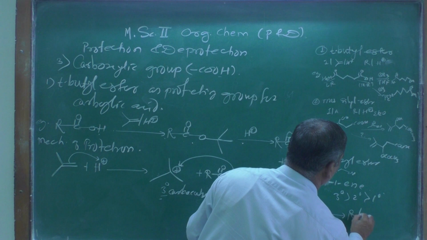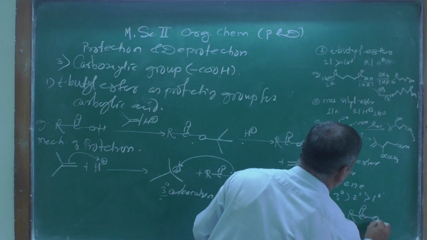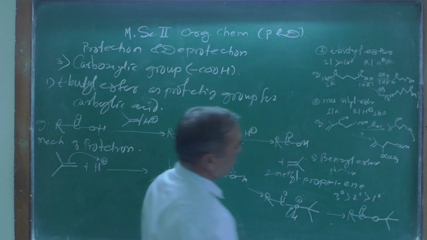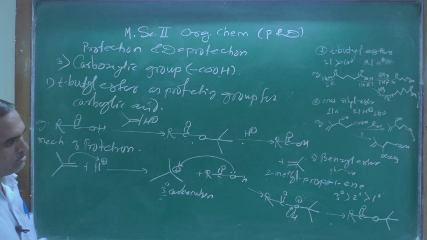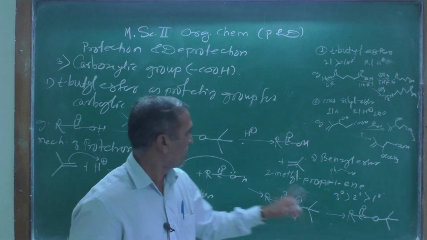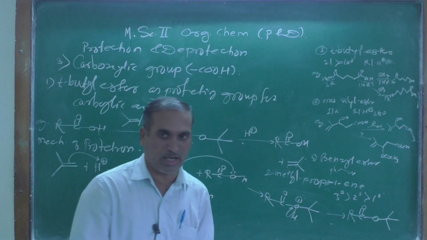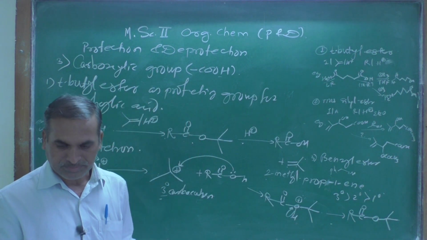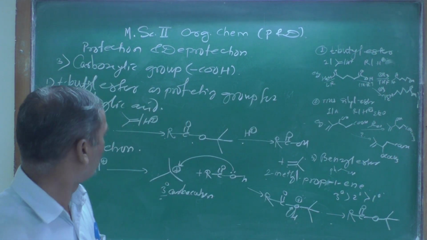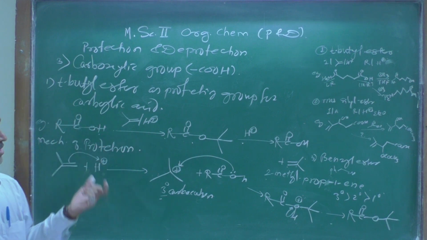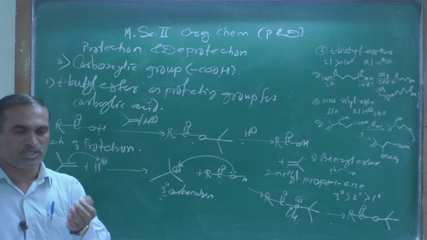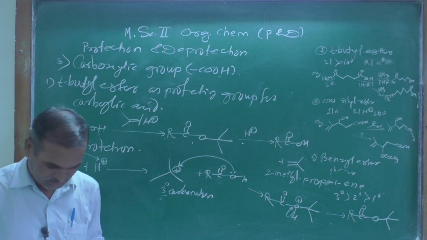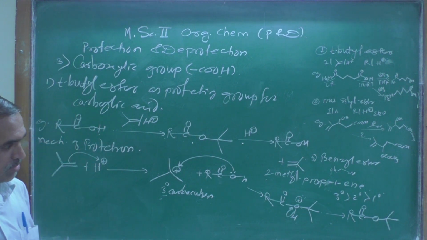We are going to get RC double bond O and this tertiary group, right? Now this tertiary group, this is a protected carboxylic acid, because isobutylene in presence of H plus is used to protect the carboxylic group.